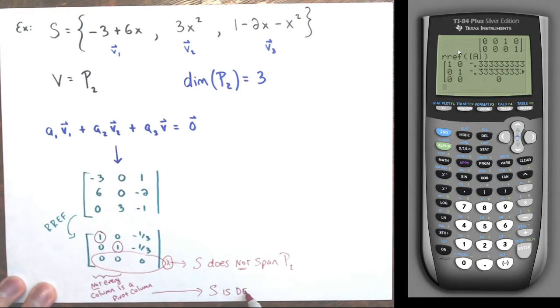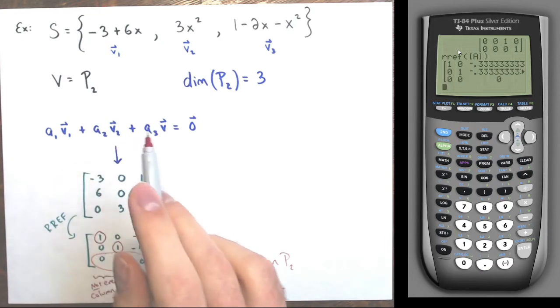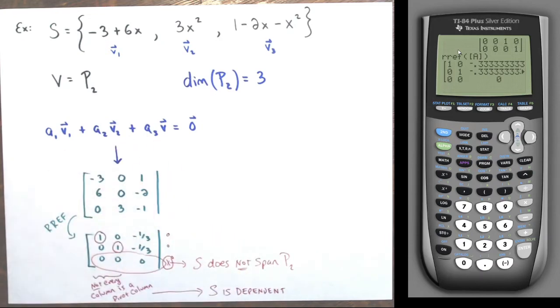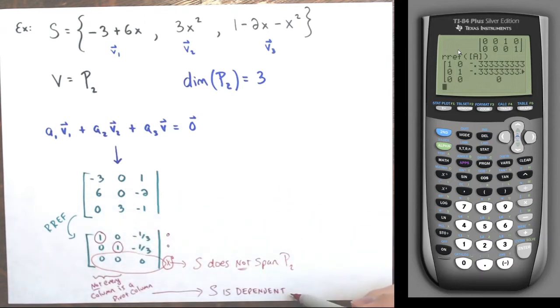S is dependent. And you can tell too, if these were zeros, like when you're testing for independence, there's zeros over here. The bottom row, you have a free variable, so there'd be infinitely many solutions to this equation. You could replace A1, A2, and A3 with lots of different things and get all sorts of non-trivial solutions. So again, from that also you can say that S is dependent.